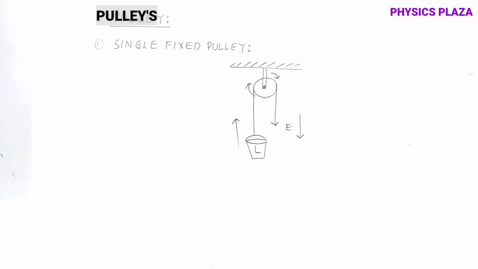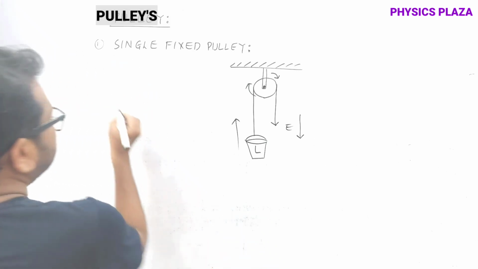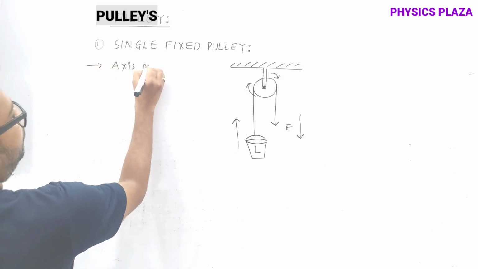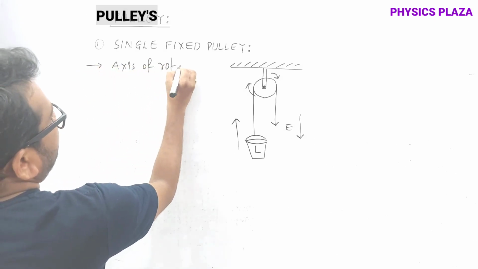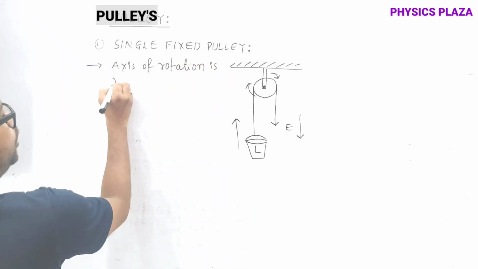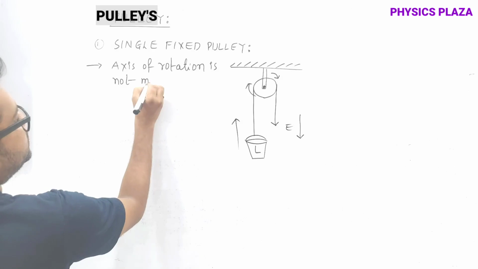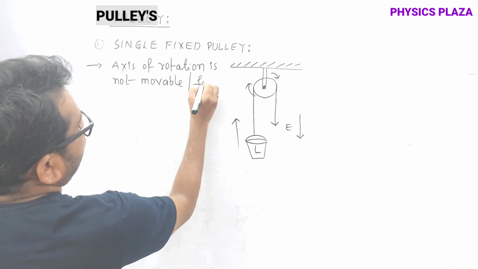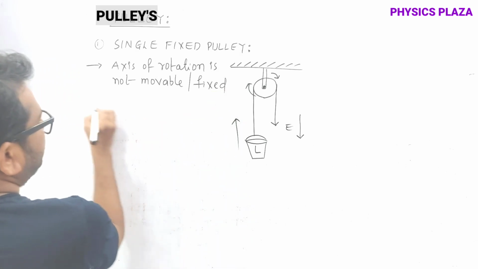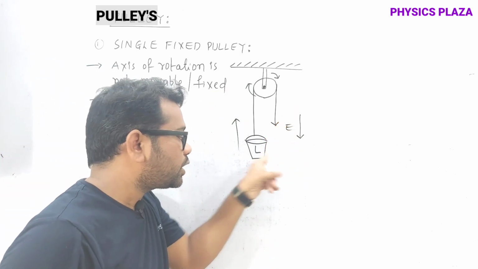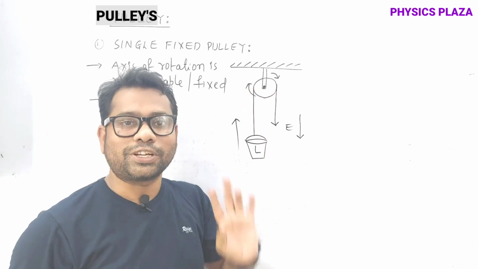For a single fixed pulley, the first point is very important: its axis of rotation is not movable, or you can also say its axis of rotation is fixed. Okay, fine. And one more important point, children: as effort comes in the downward direction, the load will move in the upward direction.